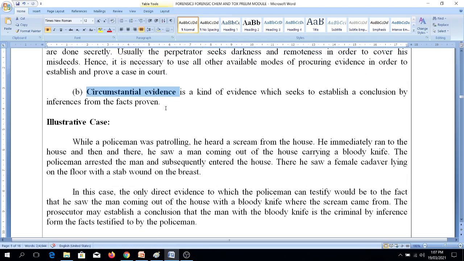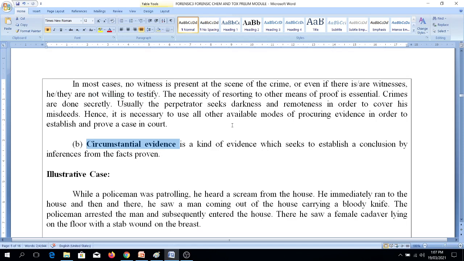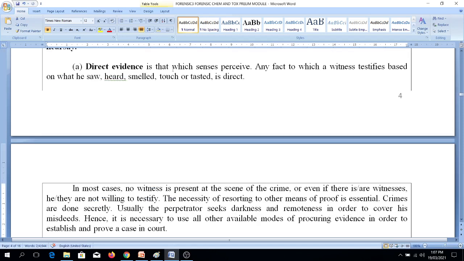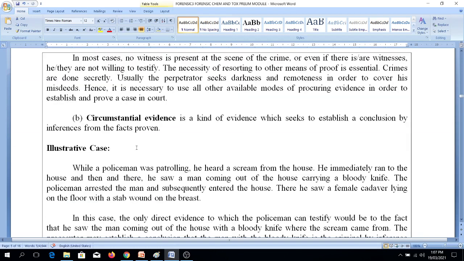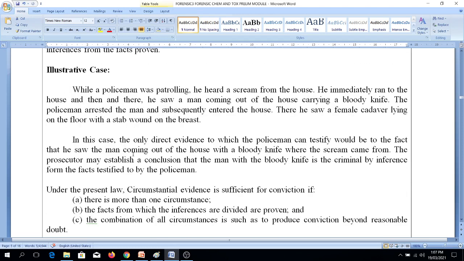Earlier, it was mentioned that direct evidence is perceived by our senses. On a different note, circumstantial evidence is a kind of evidence which seeks to establish a conclusion by inferences from the facts proven. I will give you a very good illustration for this.